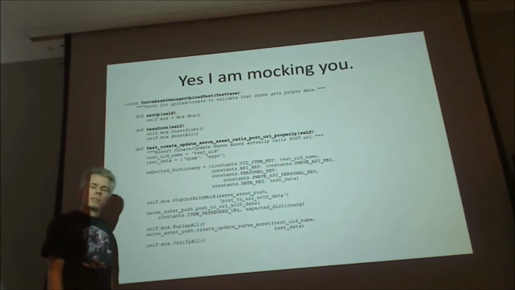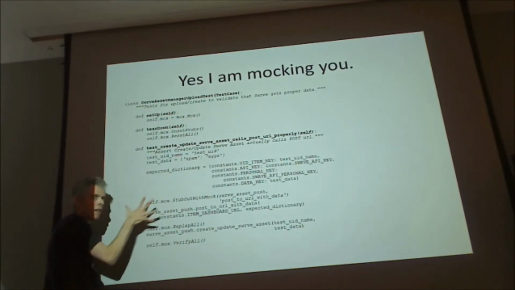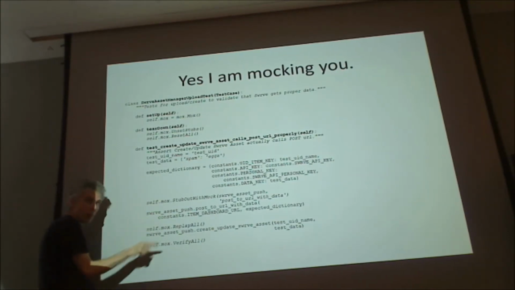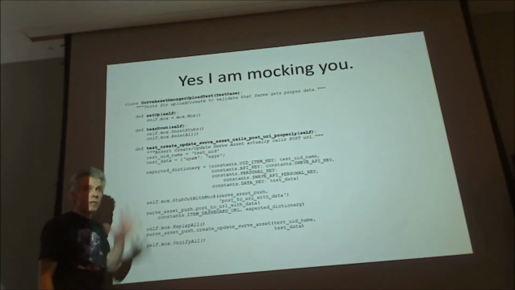Now, what happens if it was supposed to be called 5 times? How do you represent that? Very good question. Mock it once and then put this 5 times. Oh, I see. Do you copy, paste, copy, paste, copy, paste, copy, paste, 5 times?